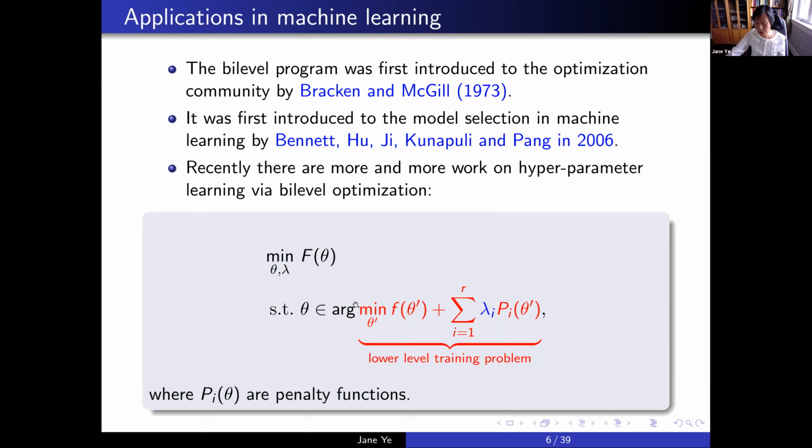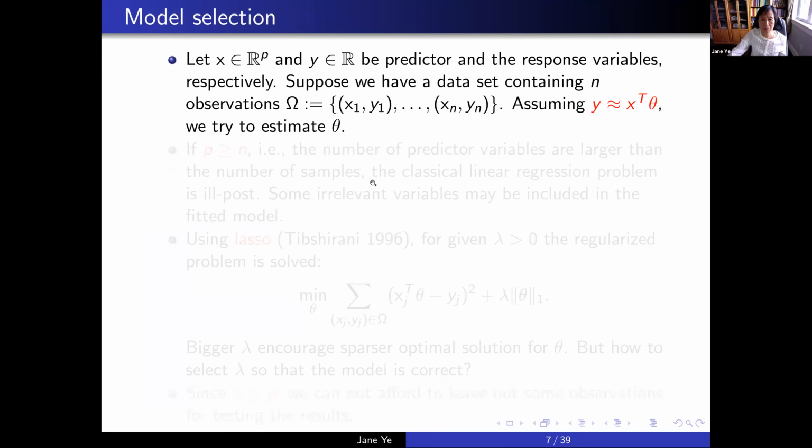Okay, so I'll use a simple example to explain this idea. Remember in linear regression, right? We assume x and y have some linear relationship, and you try to estimate theta. Here x is the independent variable and y is the response.